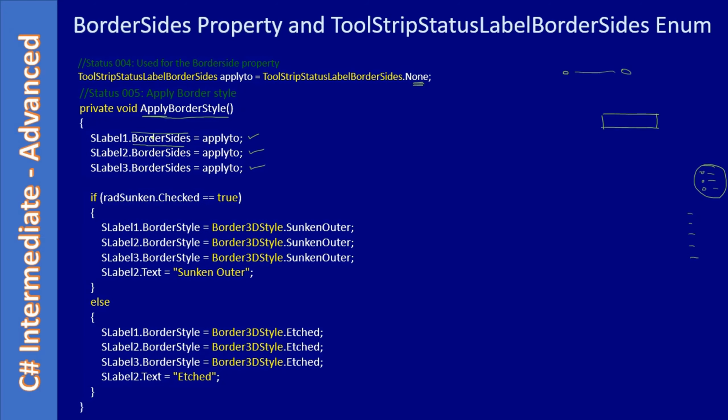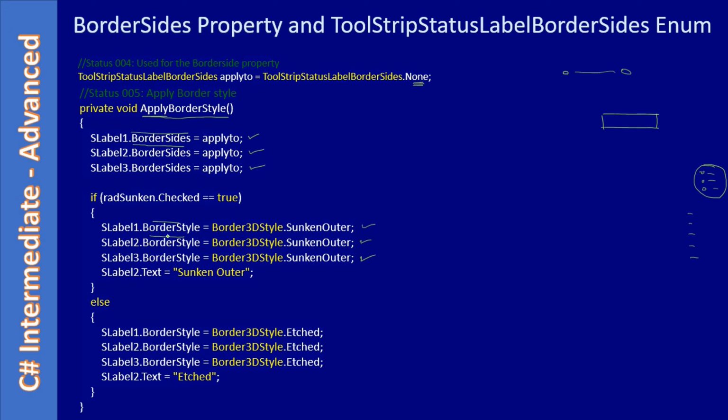Next, after telling where we want to apply the style, then we actually set the border style. So if the user selected the sunken radio button, checked true, we are checking whether the sunken radio button is checked by the user, then for all our status labels we set sunken outer border style.